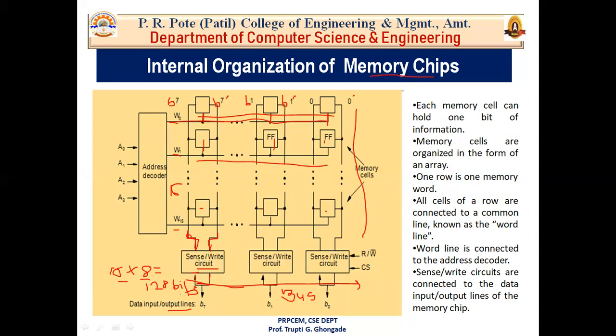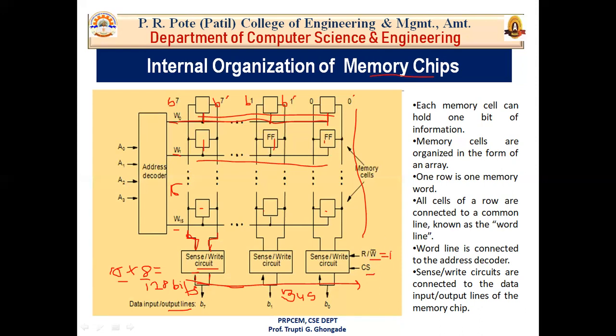Now there are two signals shown here, the read/write signal and the chip select. These two signals are control signals. The first one is the read or write signal. It specifies whether a read or write operation is required. If this read or write control signal is set as 1, then it is a read operation, because R is 1 and W bar is 0.